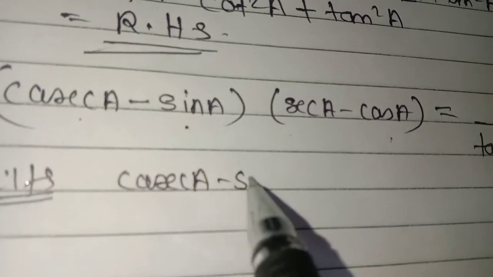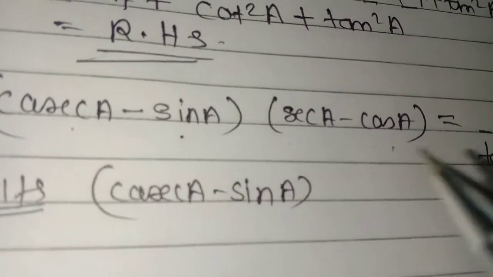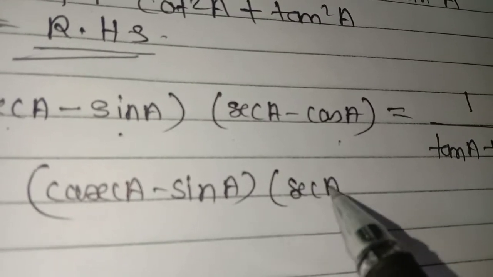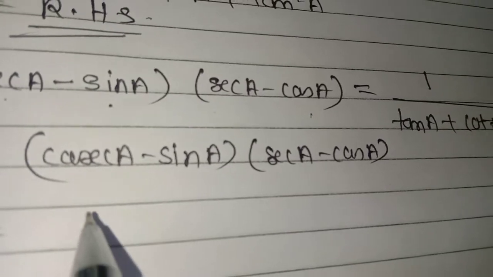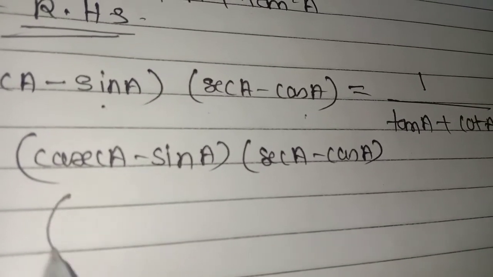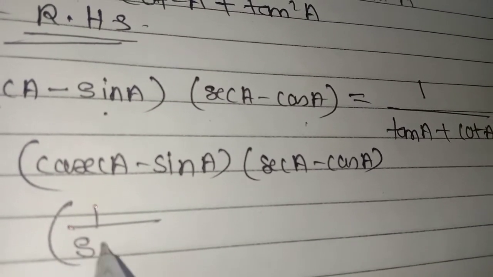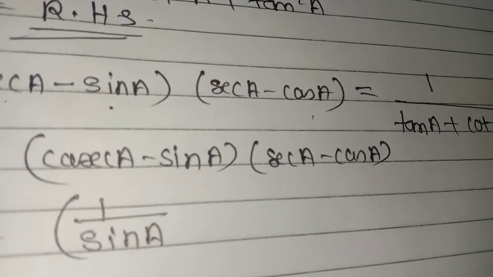cosec A minus sin A, now cosec A can be written as 1 upon sin A. Clear?